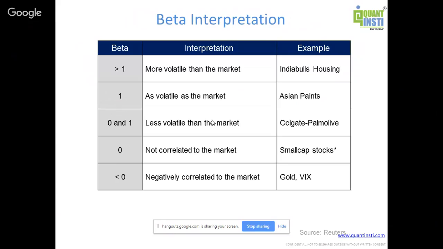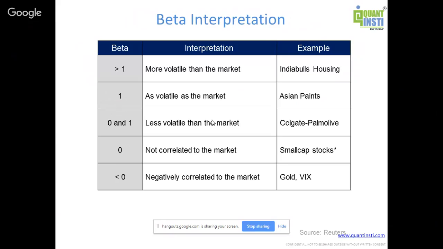So those are high beta stocks and high risk stocks. There is a Nifty 50 index and there is a Nifty High Beta index. So if anyone is familiar with financial markets and wants exposure to a high return, high risk strategy, then they can go for Nifty High Beta rather than Nifty 50 investments.